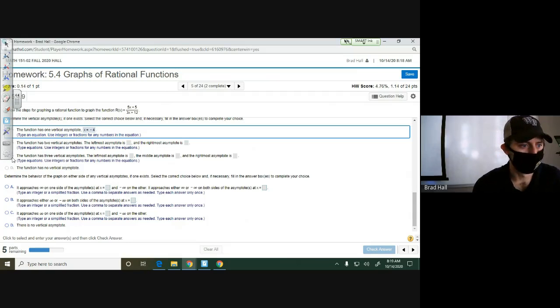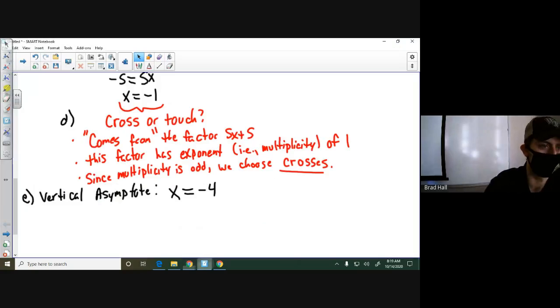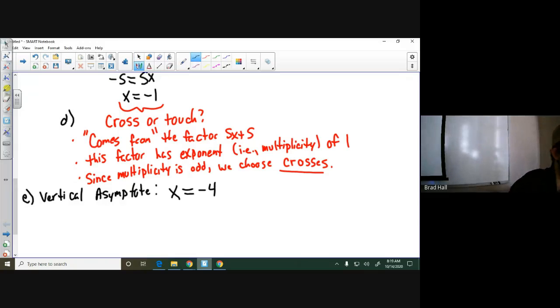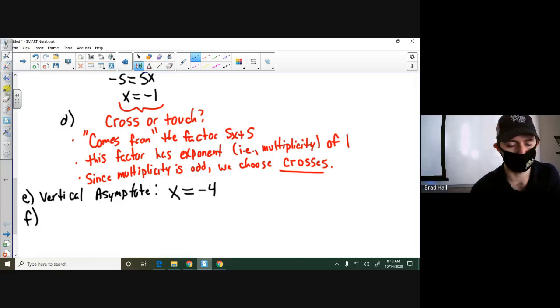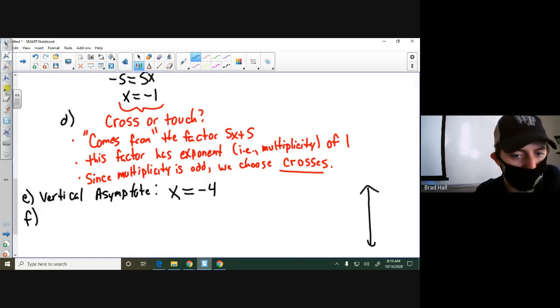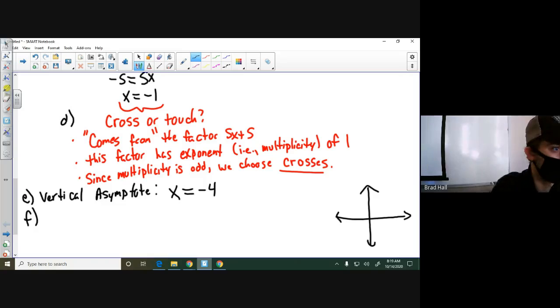Now we need to figure out the behavior on either side of the vertical asymptote. Remember, if there's a vertical asymptote somewhere, it would look like this.